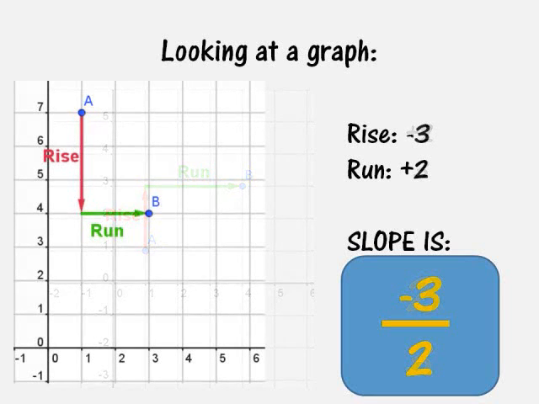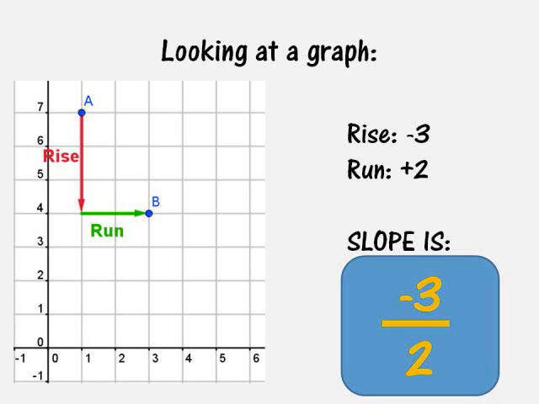Now let's look at the next example. We have point A at 1, 7, and point B at 3, 4. When we're counting rise over run, we count down from A. It goes down 3 spots because the vertical change between A and B is 3 units.